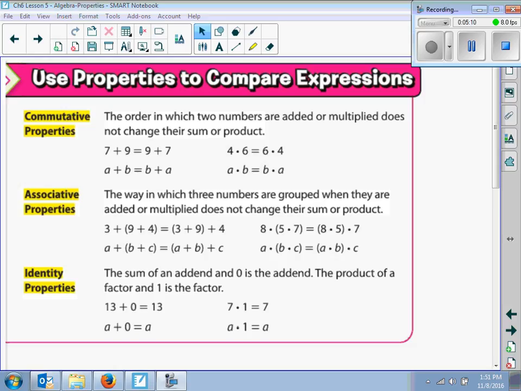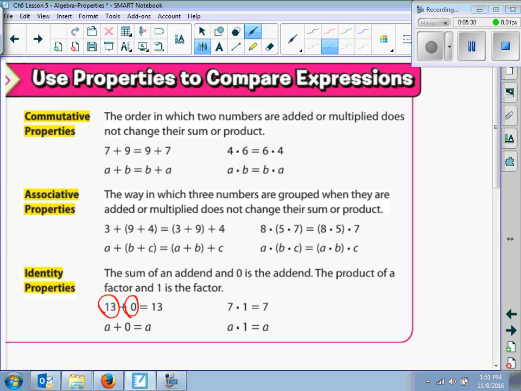Now, the identity property. The identity property says that the sum of an addend and 0 is the addend. Does everybody know what an addend is? No. The addend is the number that's getting added. So those, 13 and 0, those are the addends. Is everybody clear? Okay, those are the addends.